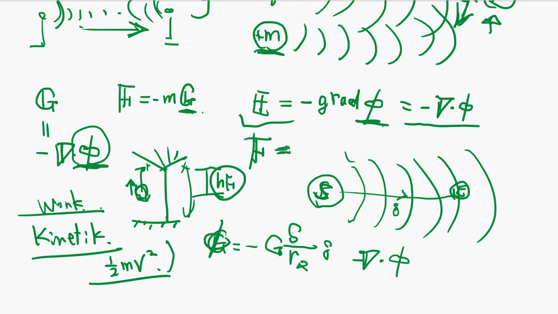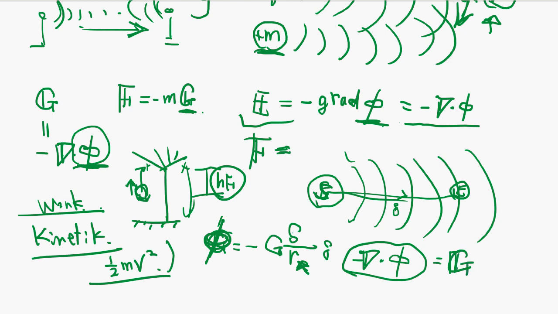I'm sorry, this is potential, gravity potential. This is not kinetic energy, it's work energy. It's calculated from sun all the way to Earth. You have to take a derivative to find out the force.